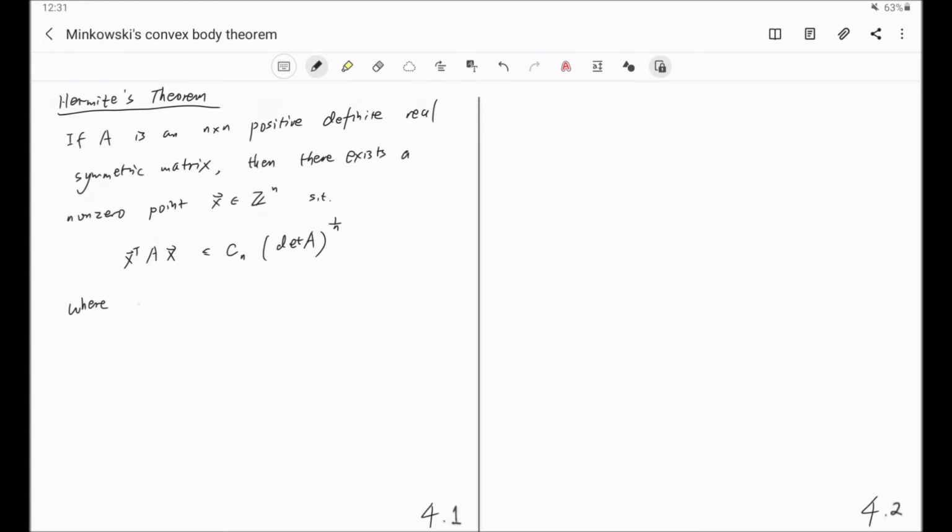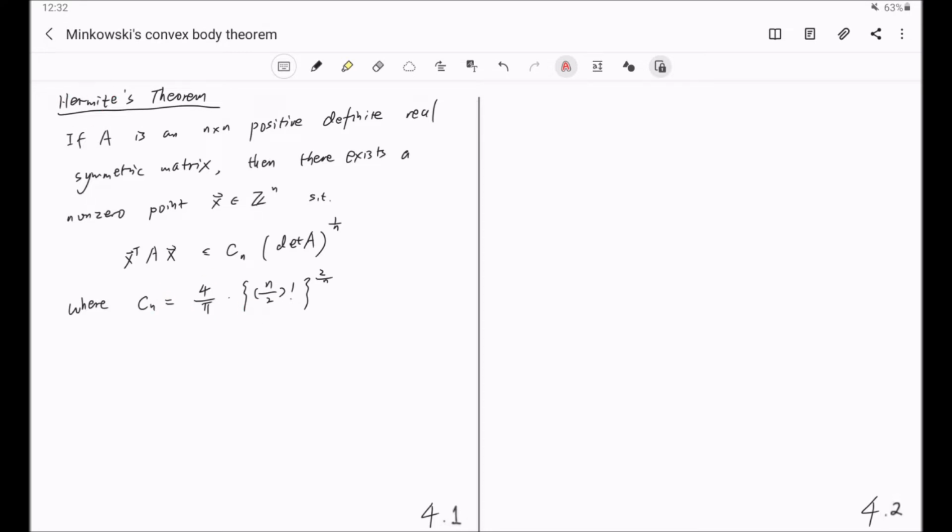where c sub n is equal to 4 over pi times (n divided by 2)! raised to the power 2 over n. Actually, this constant is given by Minkowski.